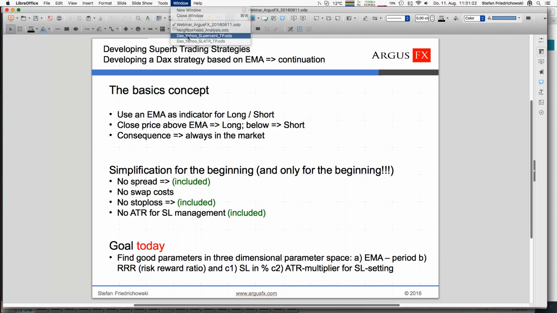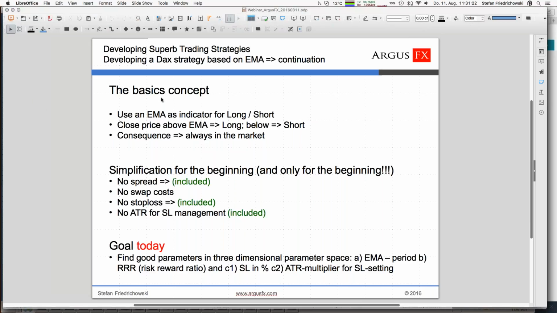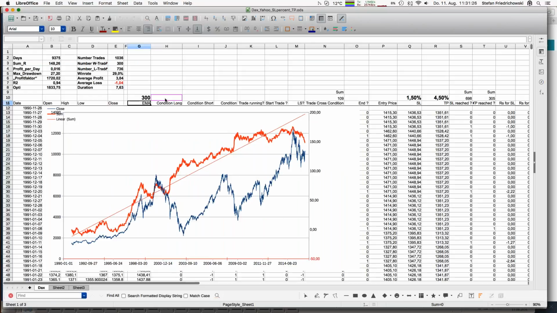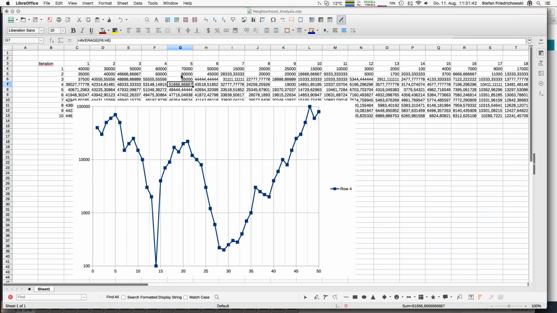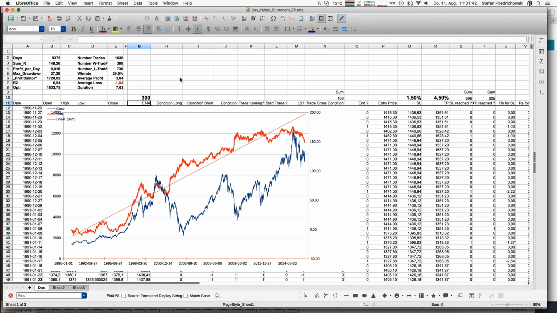Let's first have a look at the Excel sheet. You might remember that it looks like this. You can put numbers here, once for the EMA value, for the stop loss value, and finally for the take profit value.